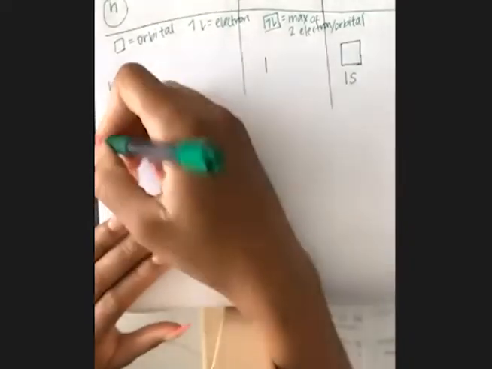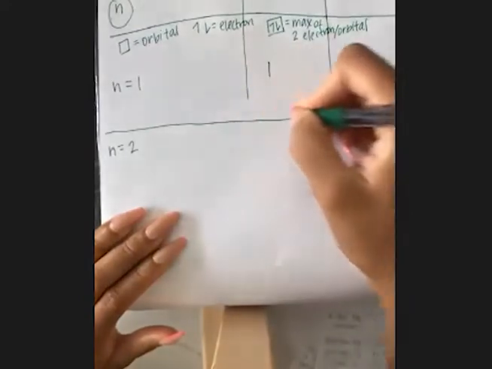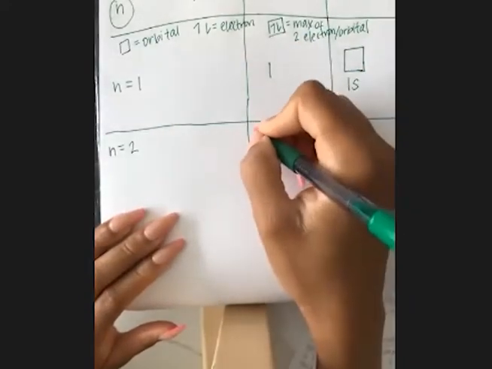When we go to n equals 2, n equals 2 has 2 subshells.